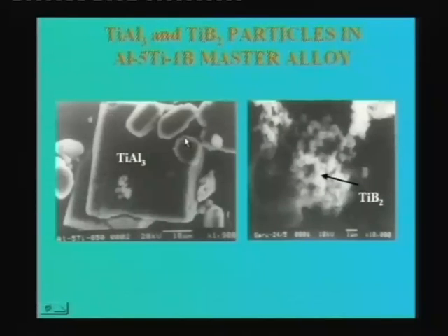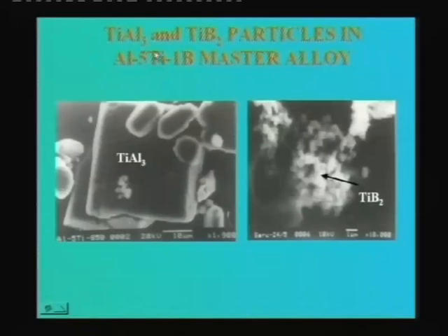Every aluminum alloy that comes out of an aluminum industry is invariably grain refined by inoculation, and this inoculation is usually done by alloys such as aluminum titanium boron type of alloys. For example, the most popular alloy is called aluminum 5 titanium 1 boron, which are called master alloys.